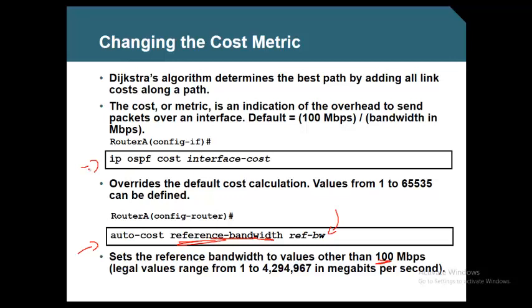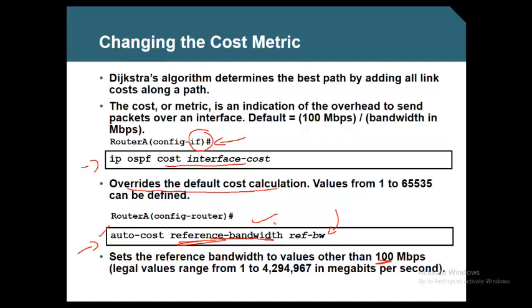Go directly to the interface and say what cost you want to mention. If you have both, which will override which? The manual cost that you give on the interface overrides the calculated cost.